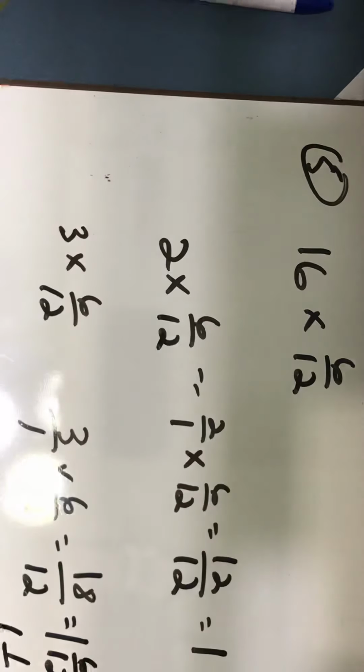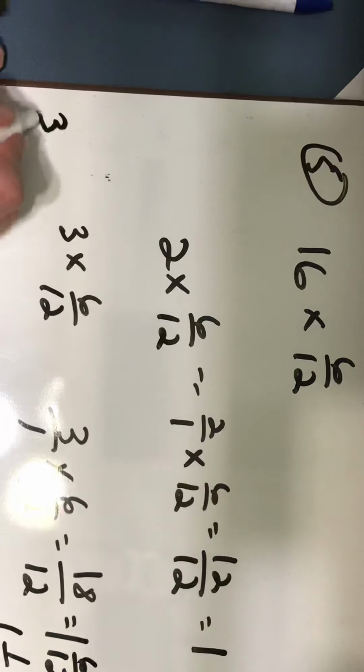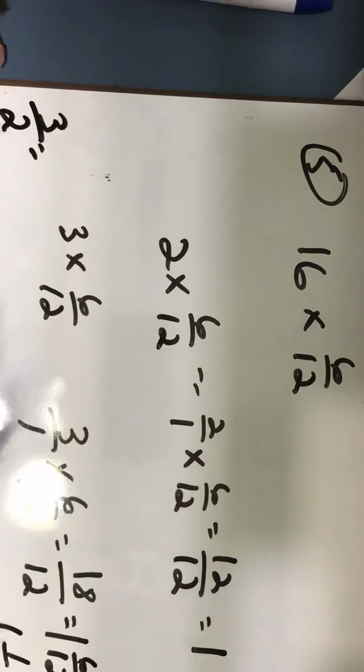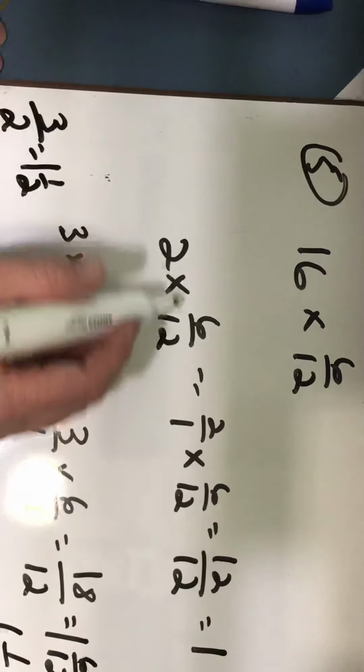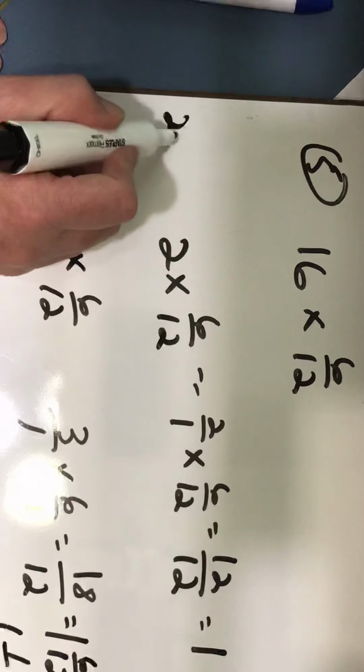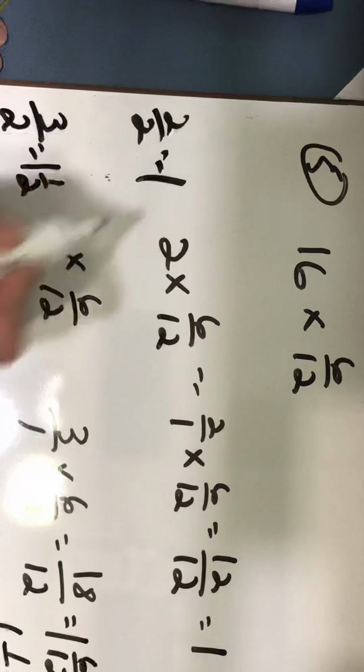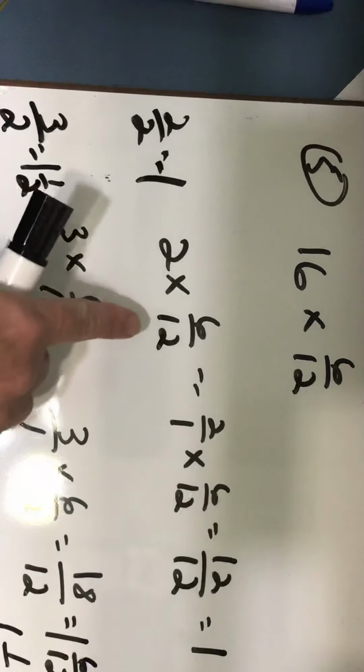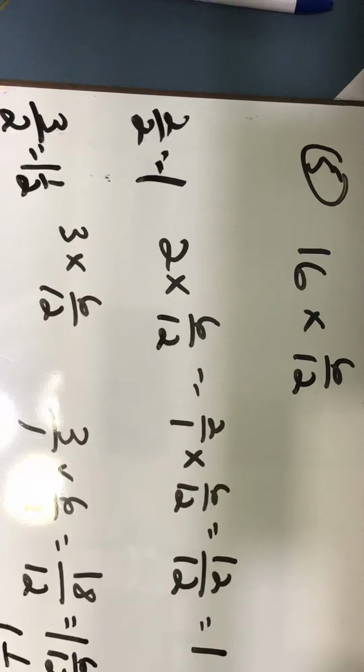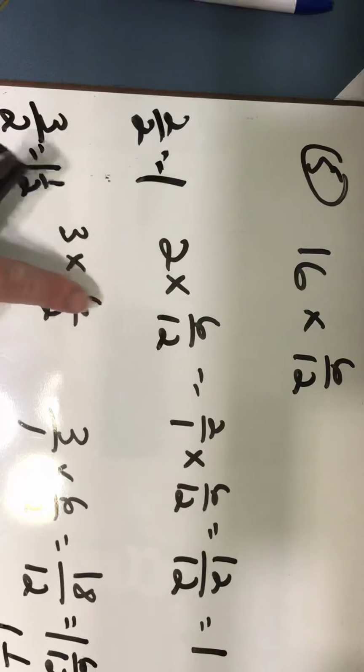Let's think about that. So that didn't really show us that I'm dividing by 2, but let's look back here and think, 3 divided by 2, if I take 3 divided by 2, I get 1 1/2. If I take 2 divided by 2, I get 1. Because 6/12 equals 1/2.